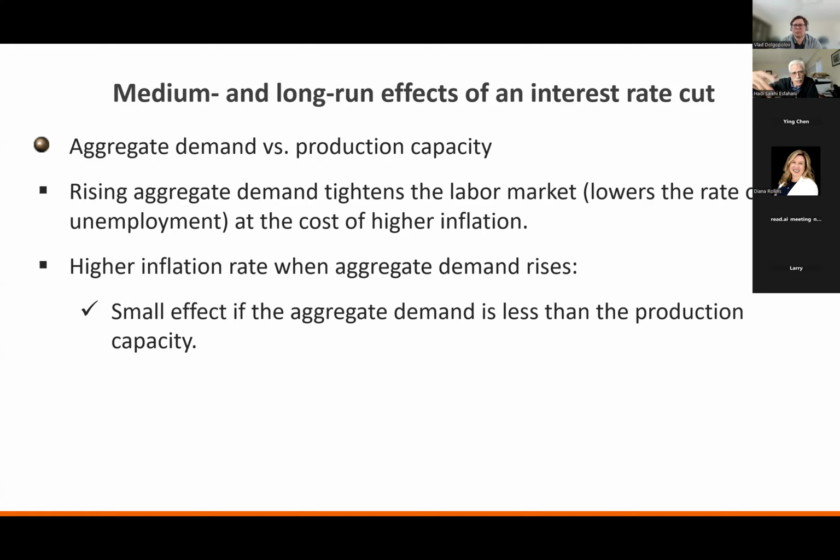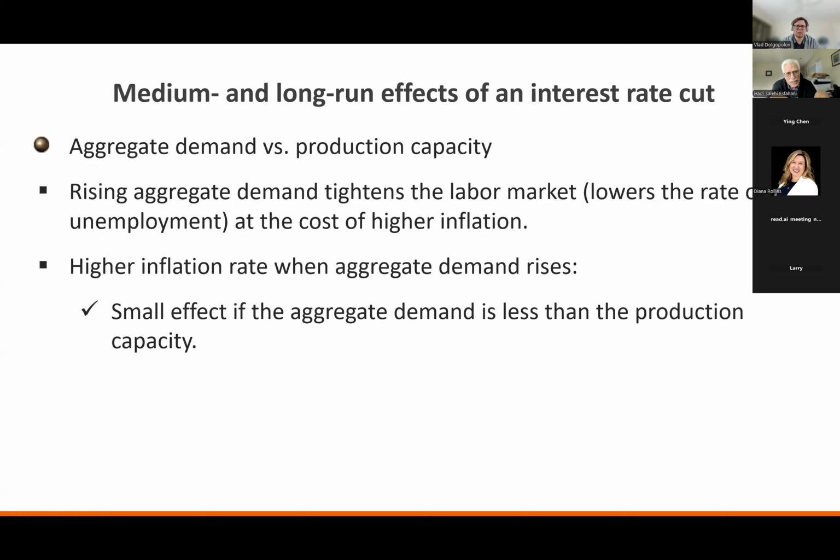When aggregate demand rises and inflation goes up, there are going to be small effects if the aggregate demand is less than production capacity. The negative effect of aggregate demand being below production capacity tends to lower the impact of aggregate demand on inflation.